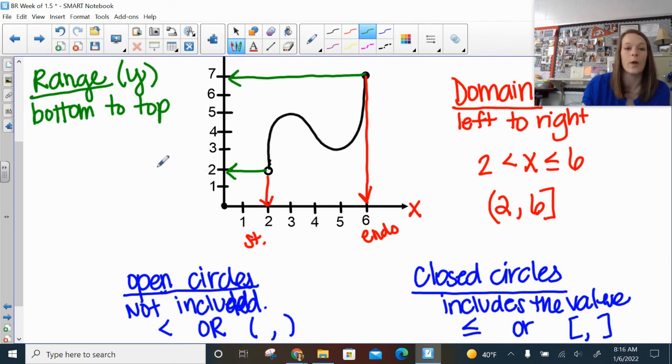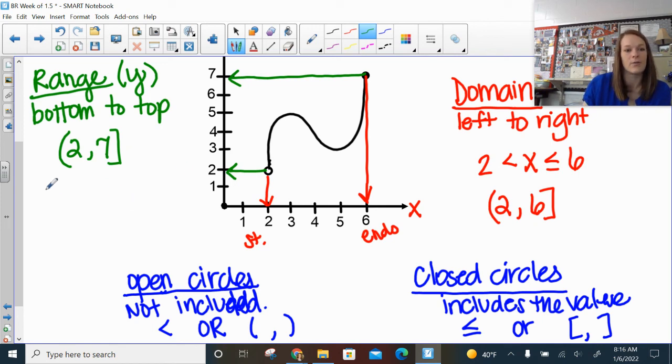Okay, so one way we can write it will be 2 with a parentheses because it has an open circle. And then the top up here is at 7 with a closed bracket. A closed circle, so it gets a bracket. So that's one way you can write it.